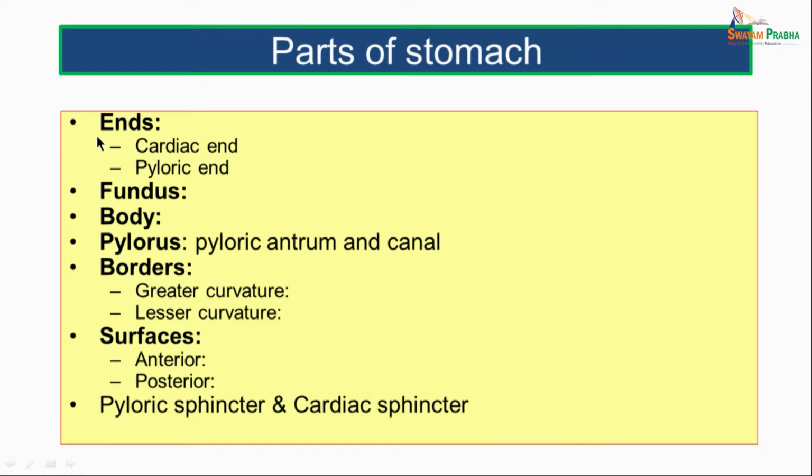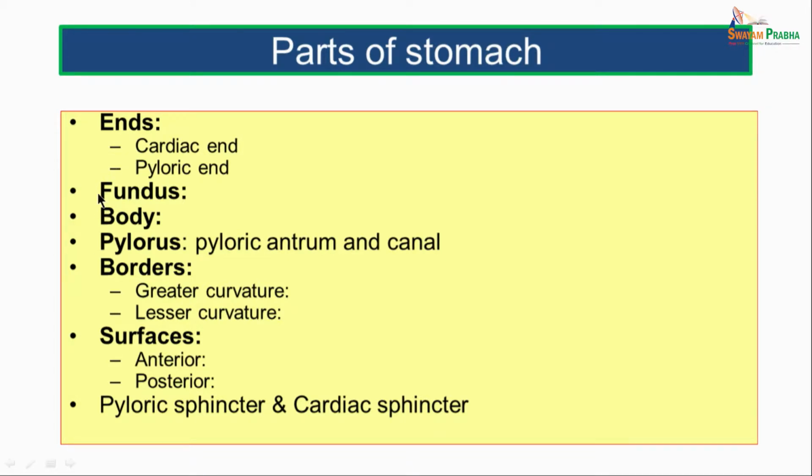two openings, two borders, two surfaces, three parts: fundus, body and pylorus. Pylorus further divided into pyloric antrum and pyloric canal. That's what's said here. Two ends: cardiac end, pyloric end.